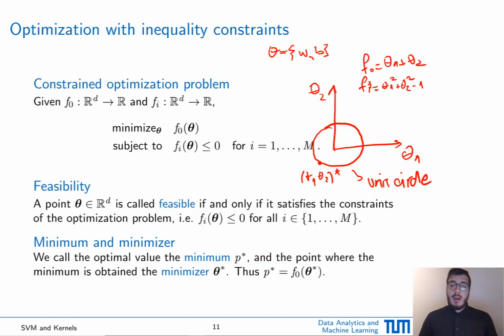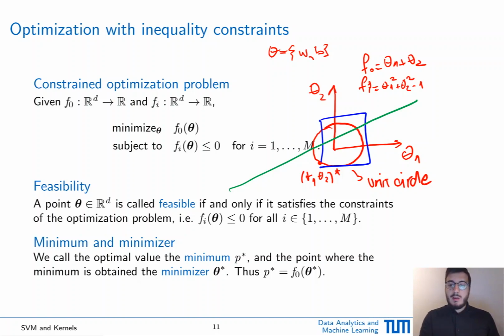In general, we can have more than one constraint, so additional constraints beyond this one where we have to be inside the unit circle. For example, maybe an additional constraint would be that the parameters have to be inside this blue rectangle. Maybe a third constraint could be that all of the parameters have to be above this green line, so this would be a linear constraint. And as long as all of these constraints are convex or linear, we know how to solve this problem efficiently.